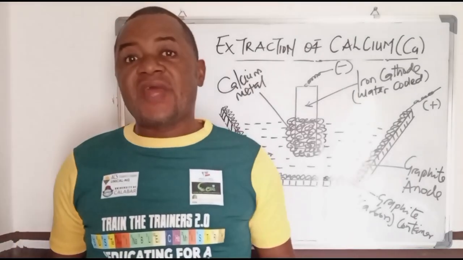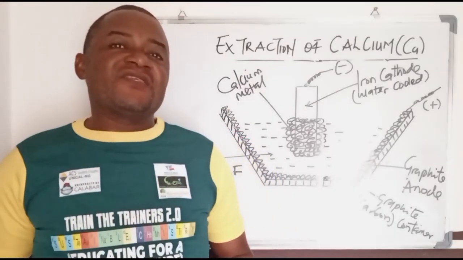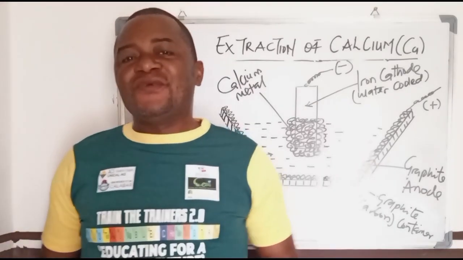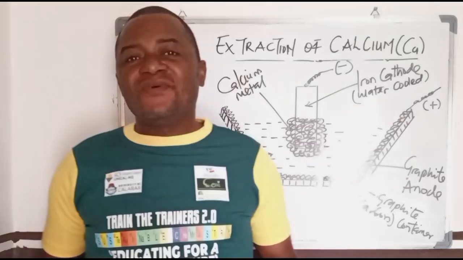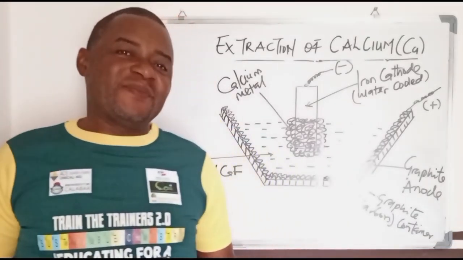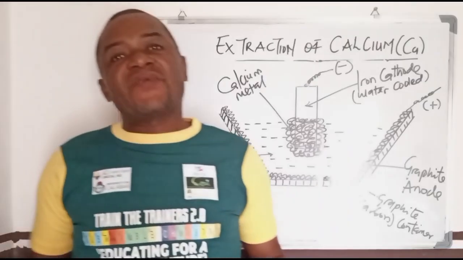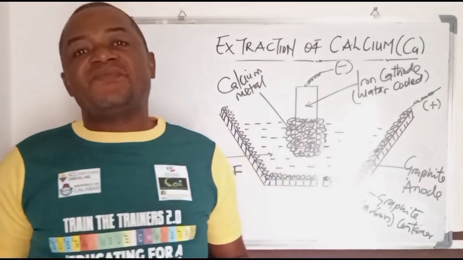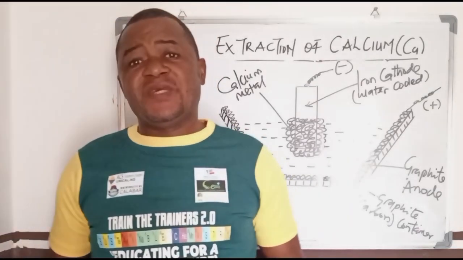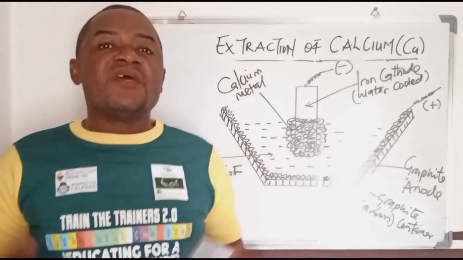Calcium is also quite a very reactive metal, and because of its reactivity, it's difficult for you to find calcium free, as an element. So we cannot find calcium as a free metal or as a free element in nature because it is highly reactive.